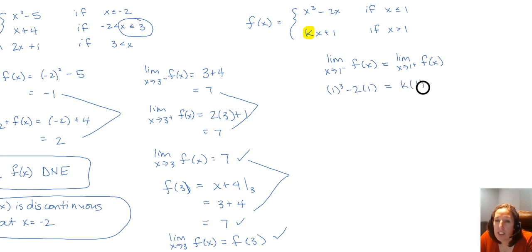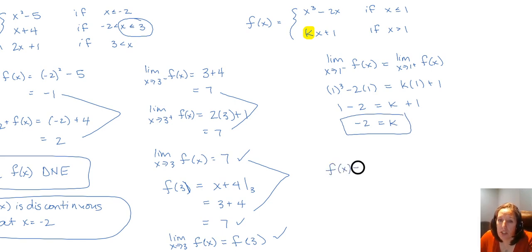And so we get k times 1 plus 1. And so now we just have a linear equation that we need to solve for k. So 1 cubed is 1, 2 times 1 is 2, k times 1 is k plus 1. And if we subtract 1 from both sides, we do get that k is equal to negative 2. So that is the value of k that would make that piecewise function continuous.